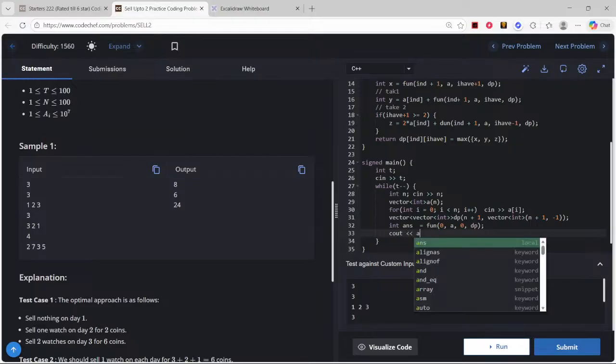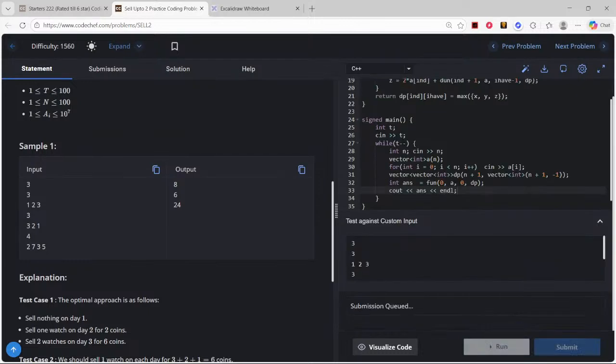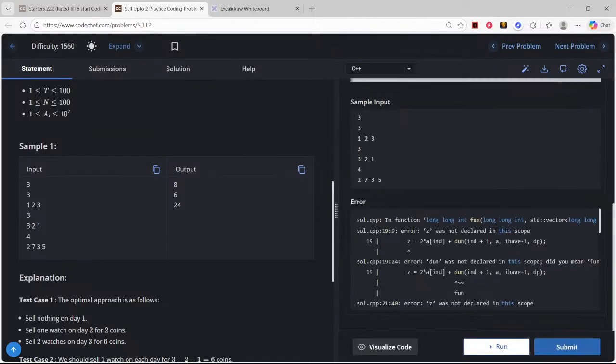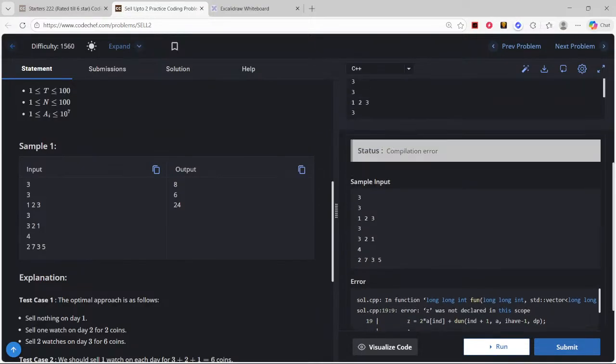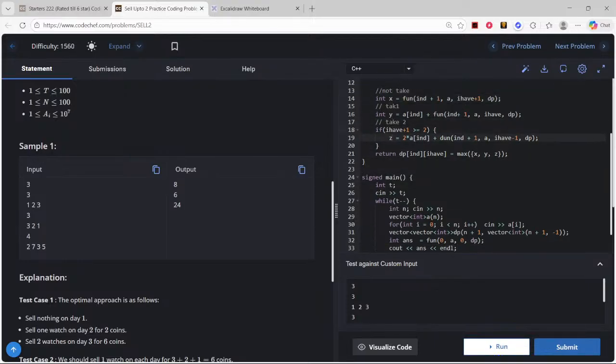The answer, let's see. Z is equal to 2 into a and plus, then x to 1.